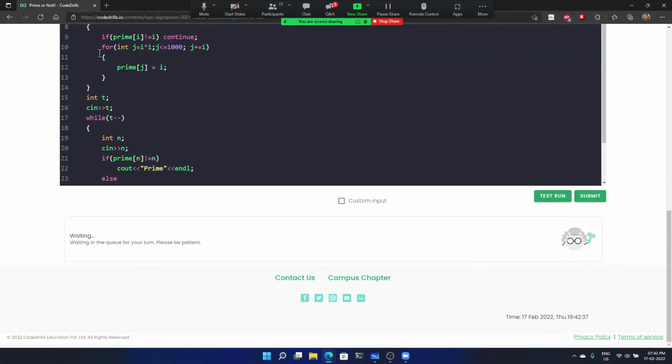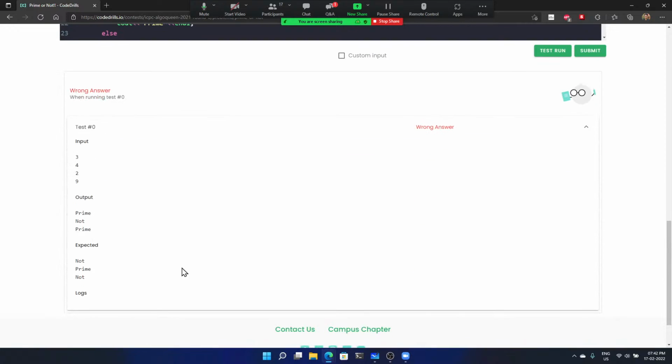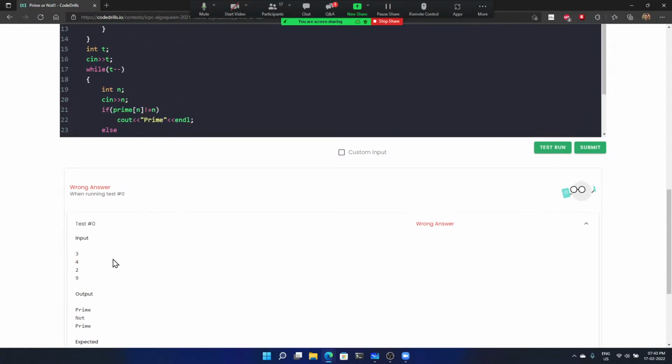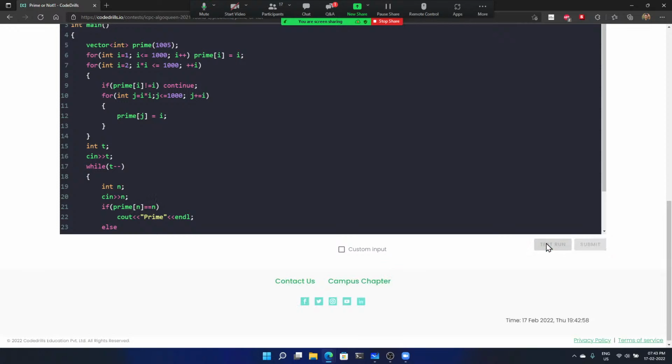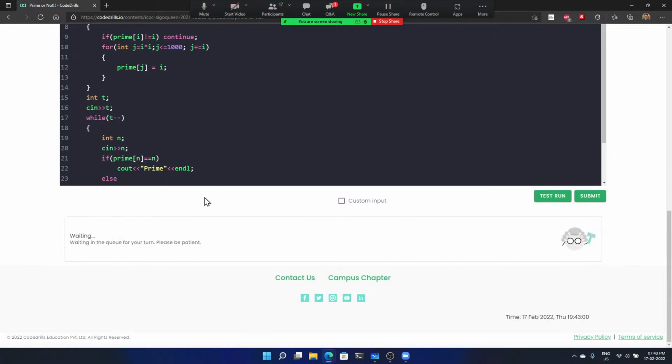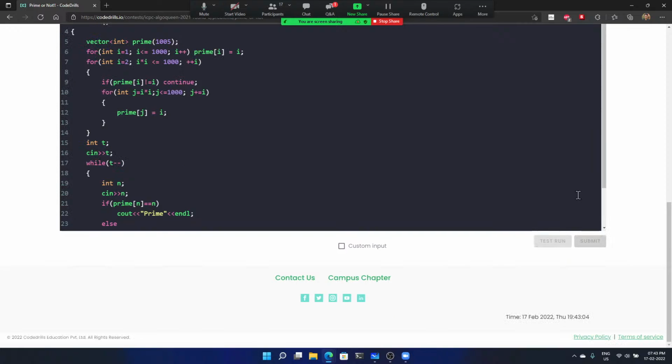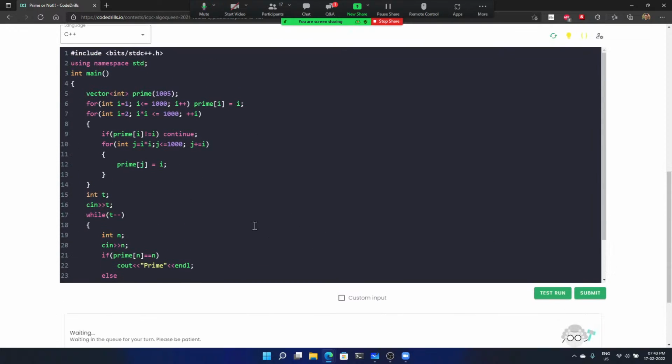Yeah, this was the mistake: instead of j, it should have been i. Still wrong answer. Yeah, to be prime, it should be prime of n is equal to n. It should not be the other way around, that is the not prime condition. So let's do the test again. Yep, it worked. So this is how we modified it to build the prime sieve.